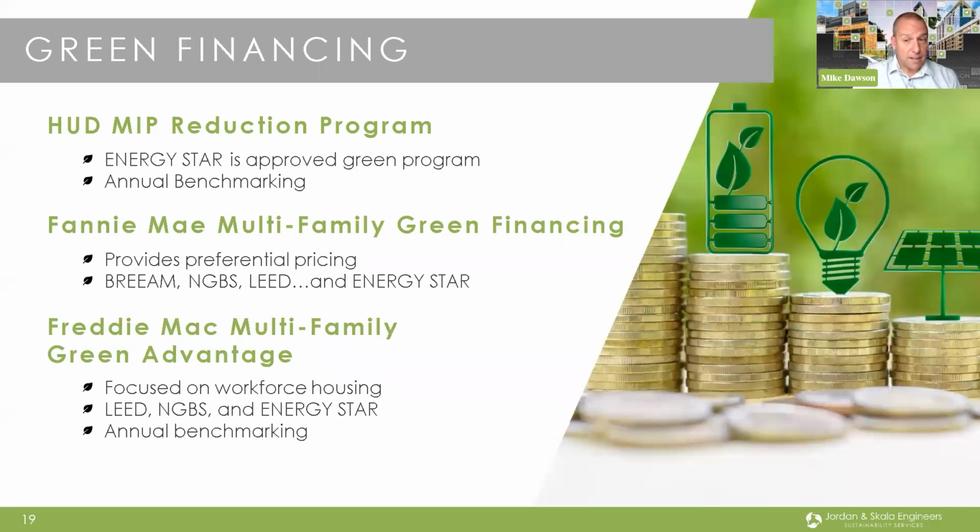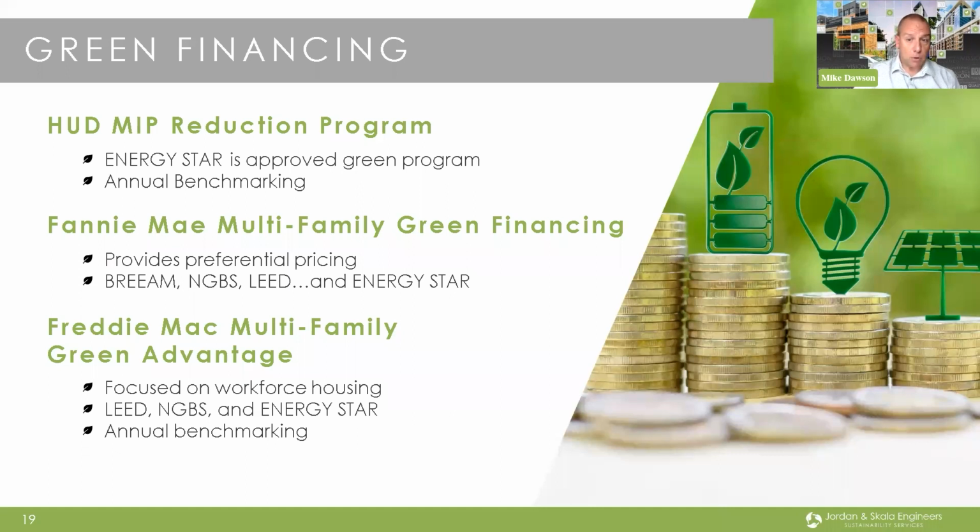Financing, well, as we said, Energy Star is one of the recognized programs for a lot of the green financing that's out there. The HUD MIP reduction program, it's one of the approved programs. And because it requires annual benchmarking, that can be made less complicated because of Energy Star's requirement to have a data acquisition strategy in place.